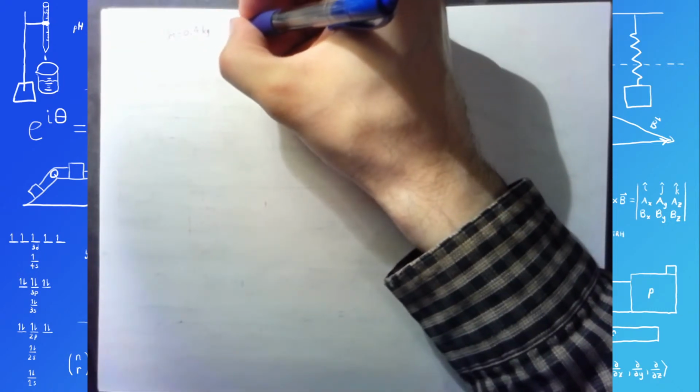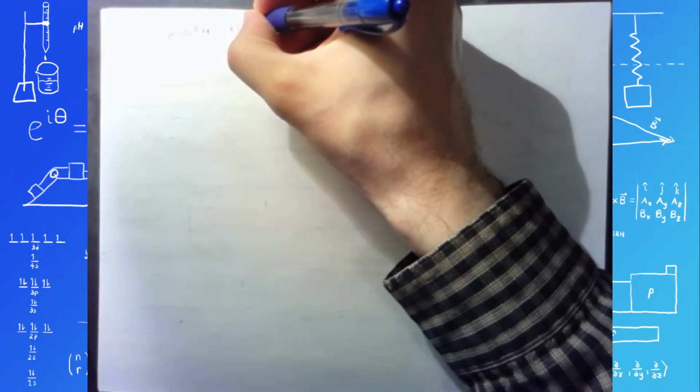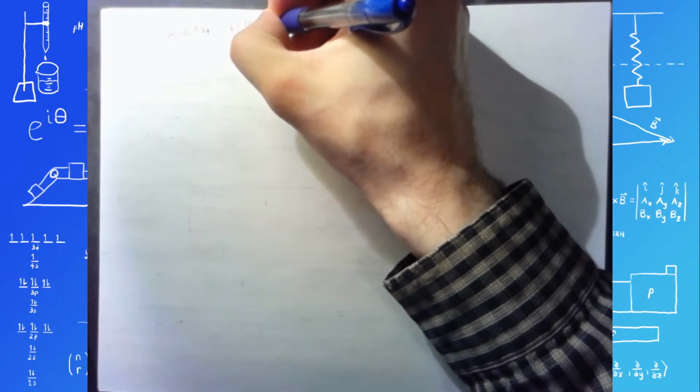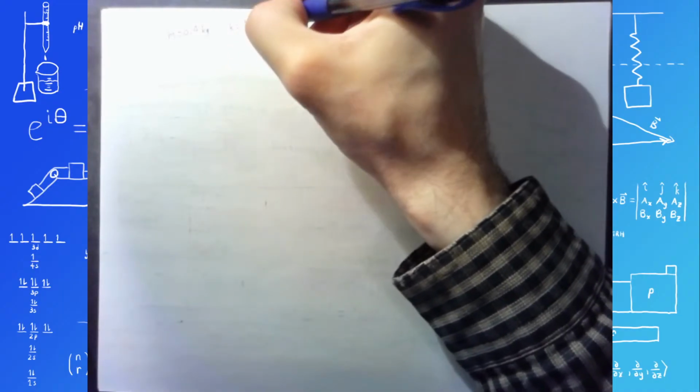Is connected to a light spring with a force constant of 19.6 newtons per meter. So force constant, spring constant, is 19.6 newtons per meter. Well, that is 2 times g, which is probably not a coincidence.